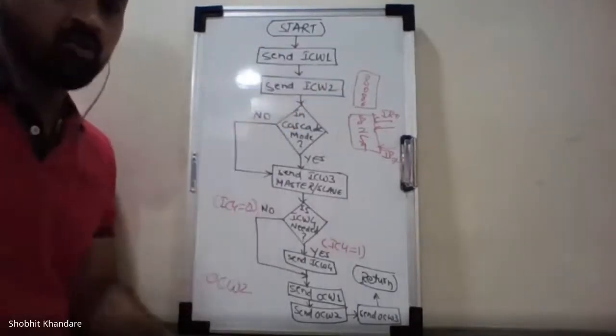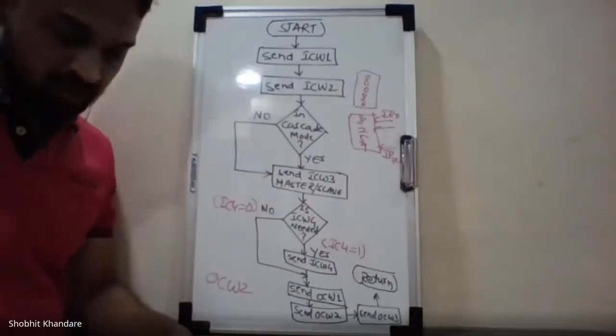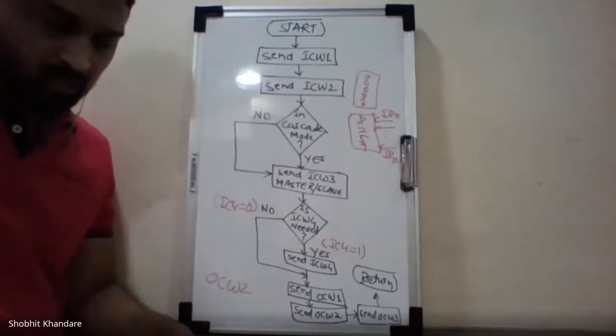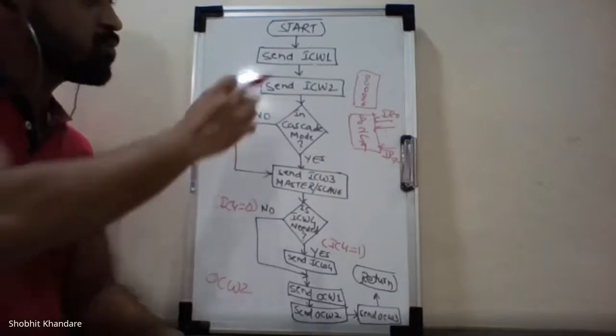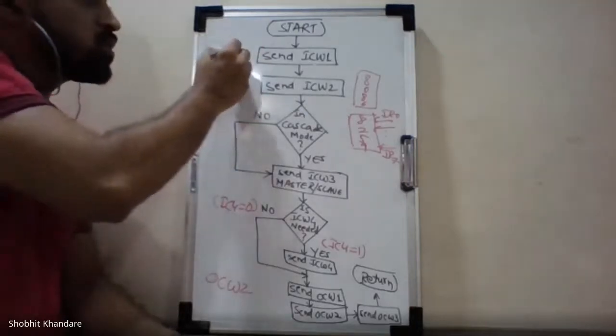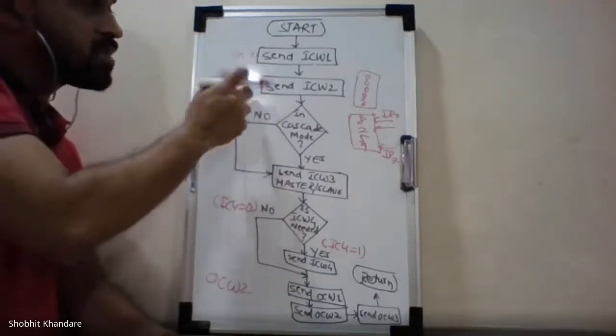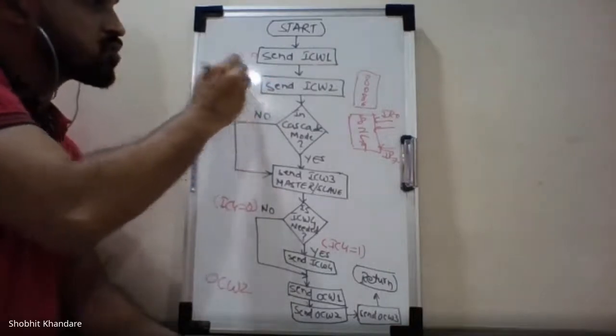Send ICW2. I want everyone to see the format of ICW2. ICW2 gives you the interrupt type numbers, under the condition A0 equals 1. So for ICW1, your A0 is equal to 0, and for ICW2, your A0 is equal to 1.